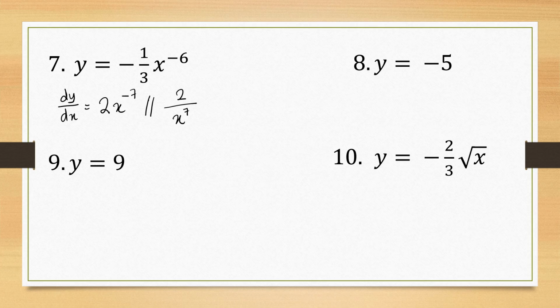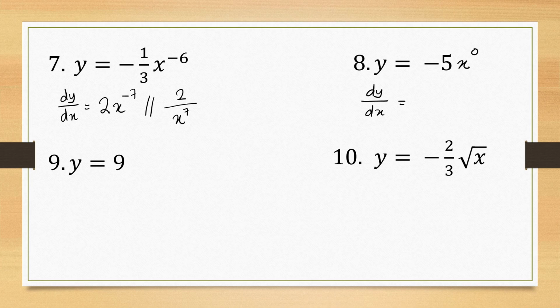Next, question number 8. Differentiate y with respect to x. So dy over dx equals, since there is no x, we know it as x power of 0. There is no x, which means x power of 0.